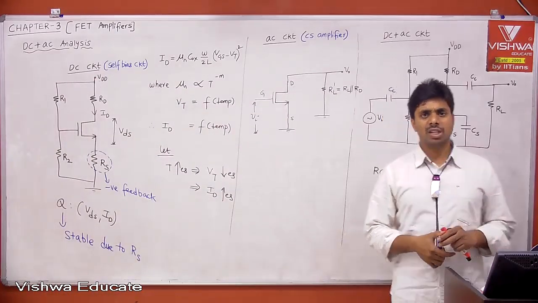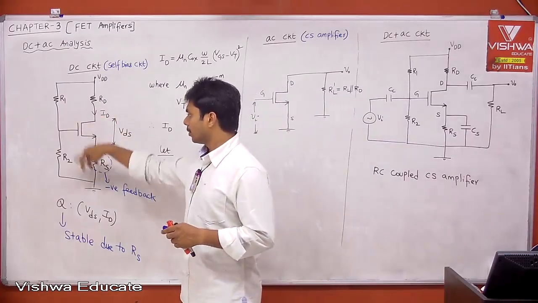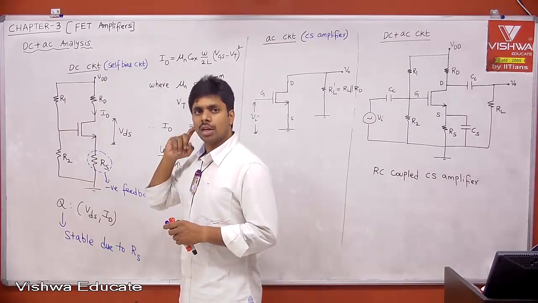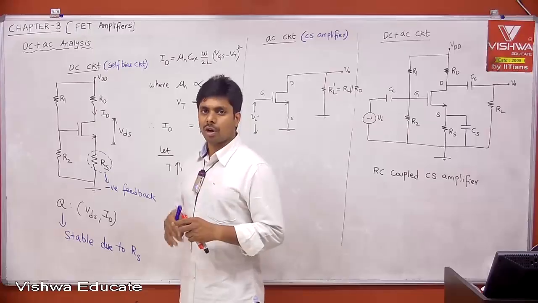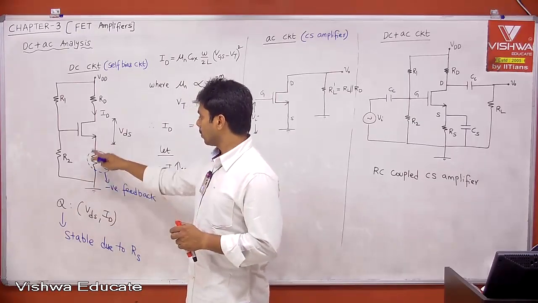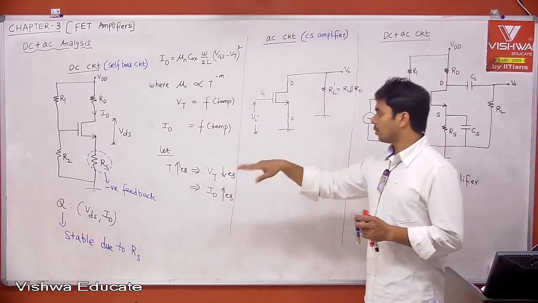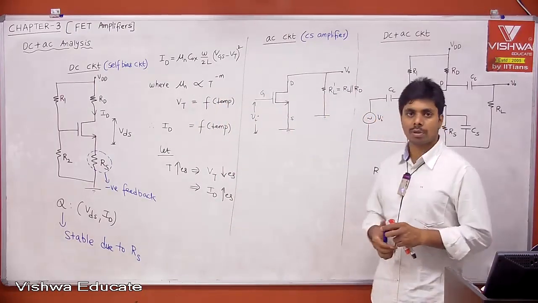I am not investing much time because we had seen why we came to this configuration, the self bias configuration that we had seen already from BJT. The self bias circuit has the negative feedback, and we want the common source configuration. If you combine, we get the RC coupled common source amplifier.